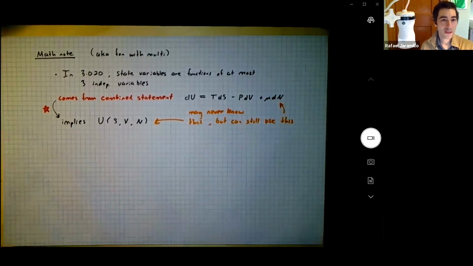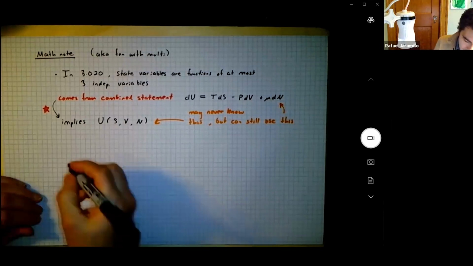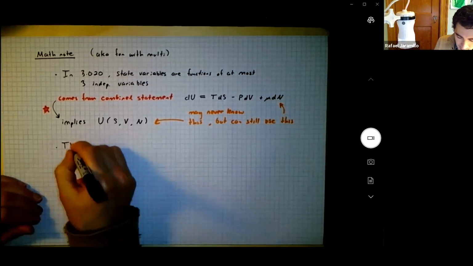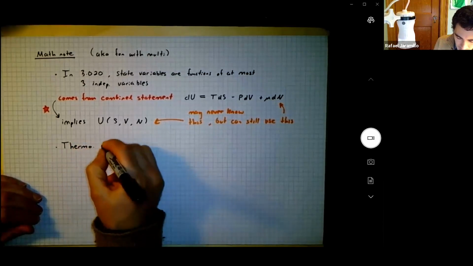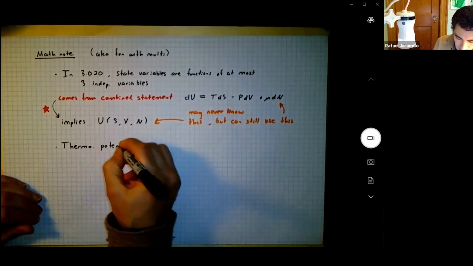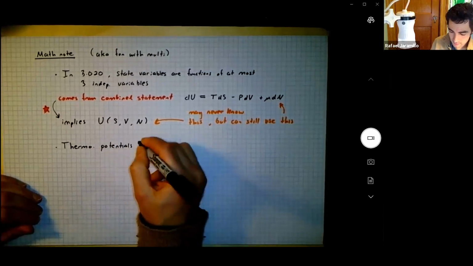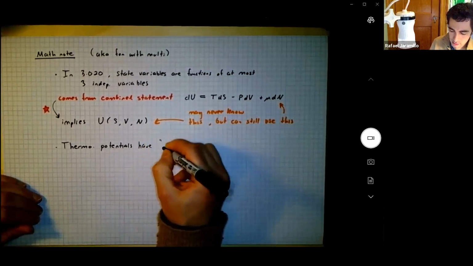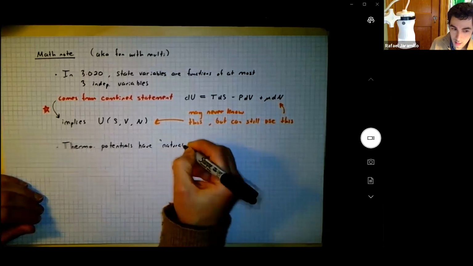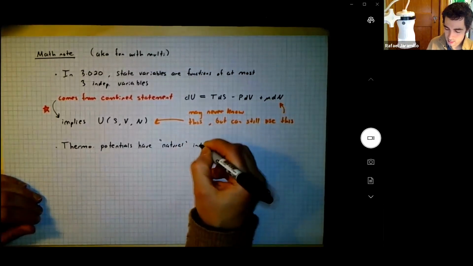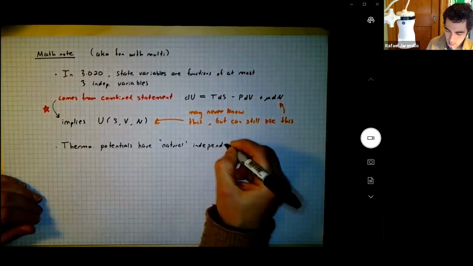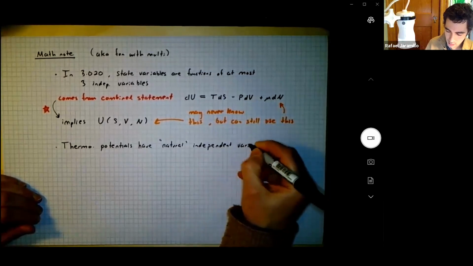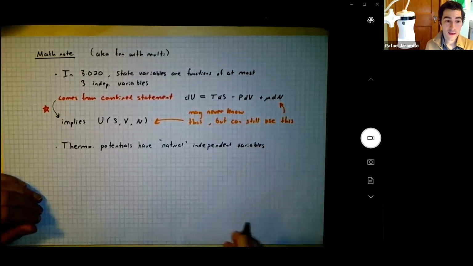You can't find a complete state function for something useful like a high entropy alloy. It doesn't exist. It's too complicated. All right. So a corollary of this is that thermodynamic potentials have what I'll call natural independent variables, which we will see aplenty in the case of Gibbs.